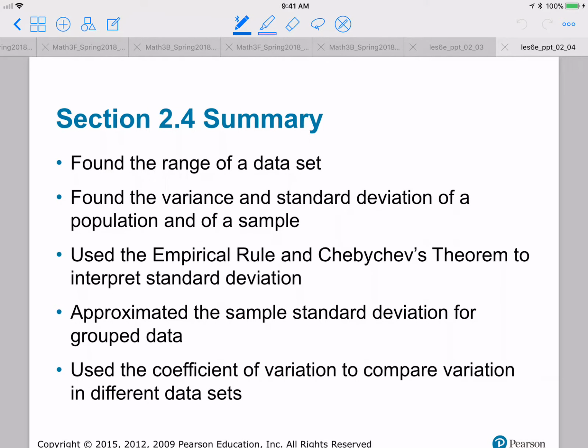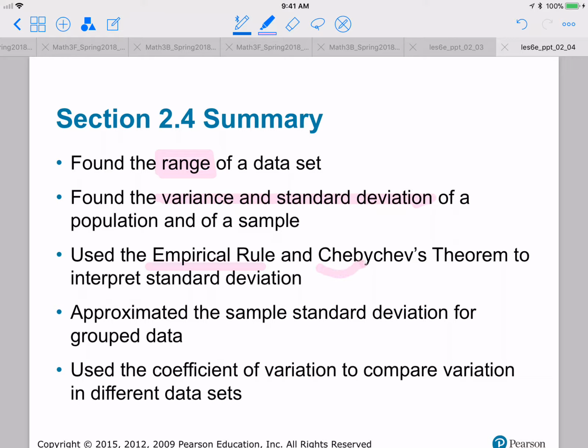All right, so what did we do? We did a lot today. Just in summary, we've got a couple of different ways that we look at variation. The easiest and most straightforward is to look at the range. A more sophisticated way is to look at the variance and standard deviation. And then that last way, which is the average deviation from the mean, like I said, we don't really talk about it, but I just want you to be aware of it. The next thing we did was we looked at the empirical rule, which only applies for symmetric distributions.